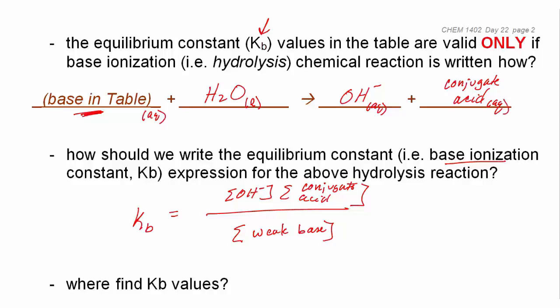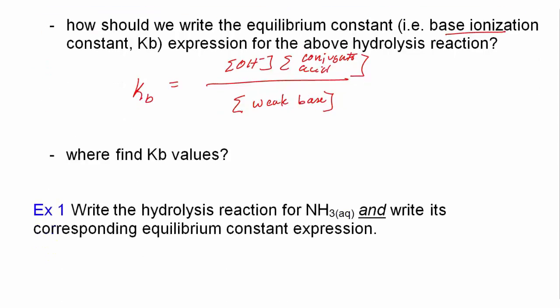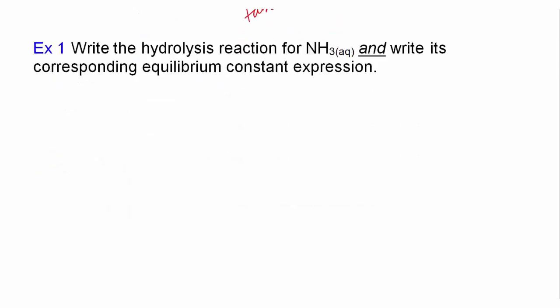Where do we get these equilibrium constant values? The table. So let's practice one. Let's write the hydrolysis reaction for ammonia and write its corresponding equilibrium constant expression. Ammonia is in the table. It's a weak base, so we can go ahead and write the weak base plus water. We can put subscripts on there, that would look better.